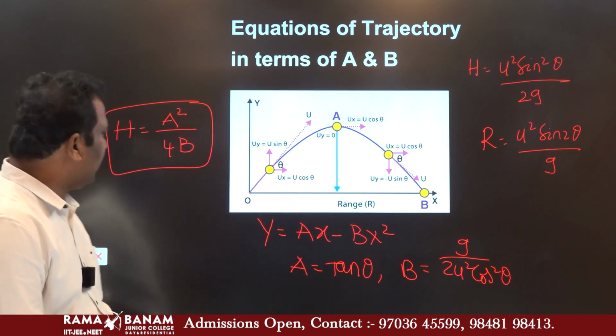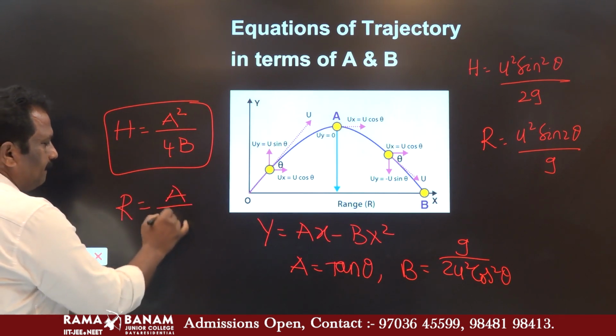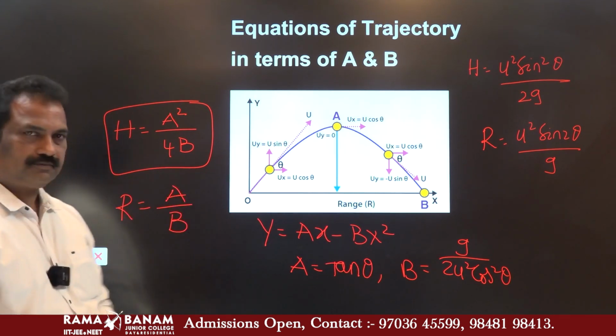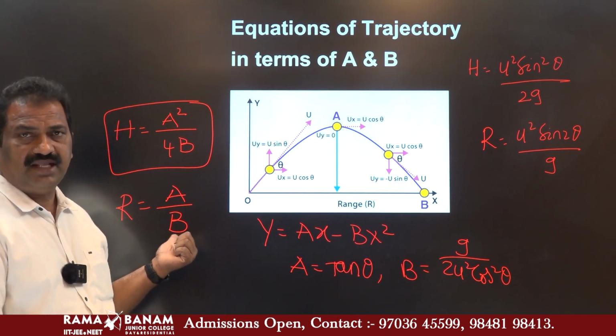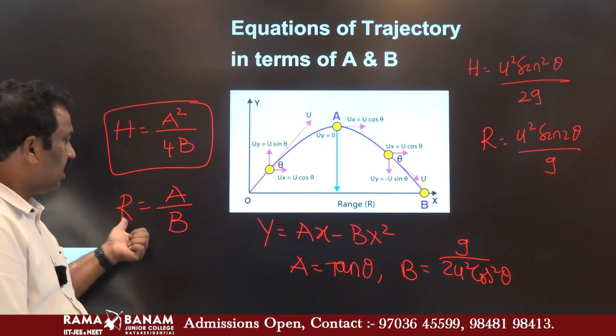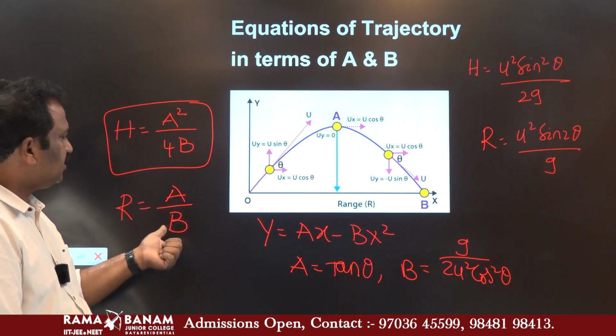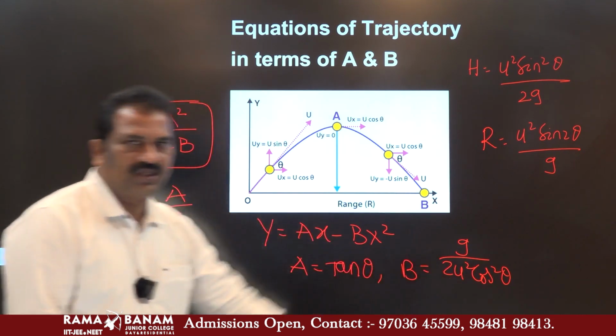At the same time, the range formula is r is equal to a by b. This is also one formula useful in IIT-JEE, mains and NEET. We can derive it: a is tan theta and b is g by 2u square cos square theta.